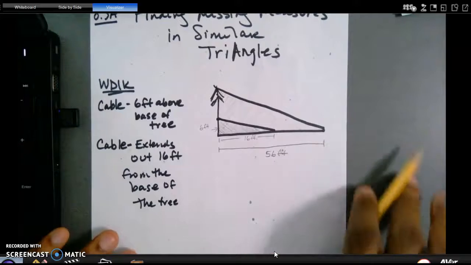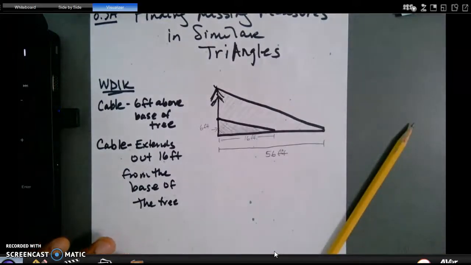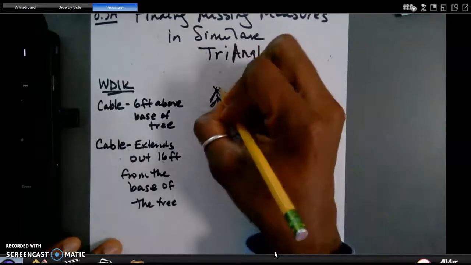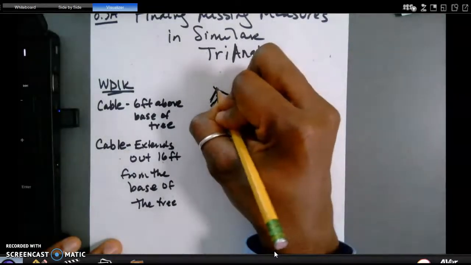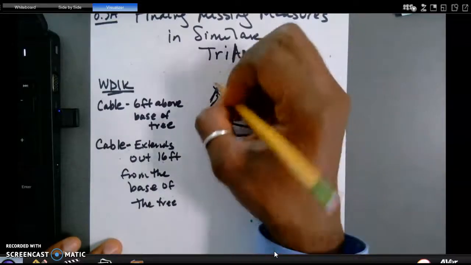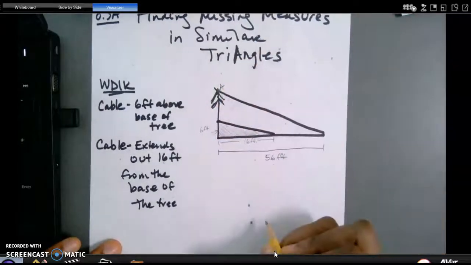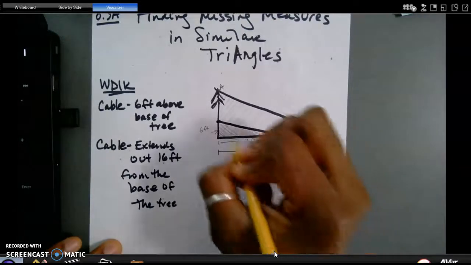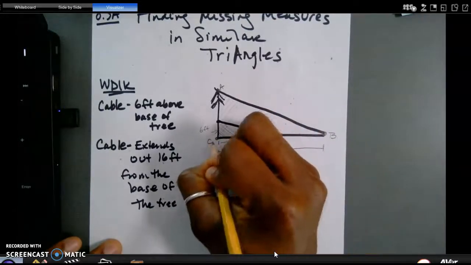What I'm going to use is a proportion to help me figure that out. But the first thing that I want to do to make sure that everything is straight is go ahead and label all of these points. So there's an imaginary intersection of this line and that line for the height of the tree, I'm going to say A. We're going to call this point down here B. We're going to call this point C.